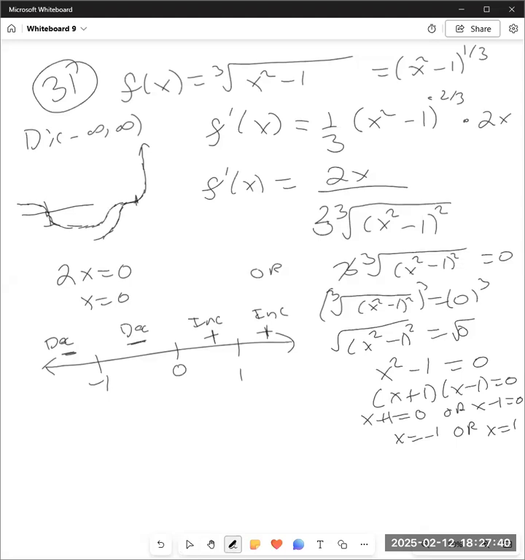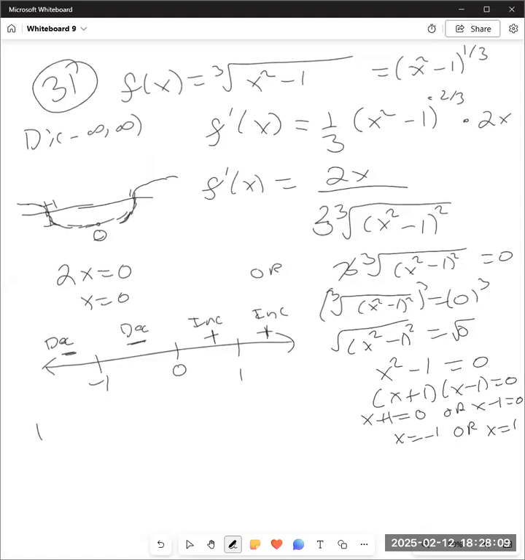It has to go vertical here. Let me do the best of my ability to get that to go slightly vertical there at 1. So it's got to do something like this, right?